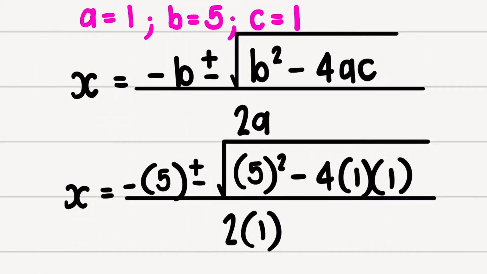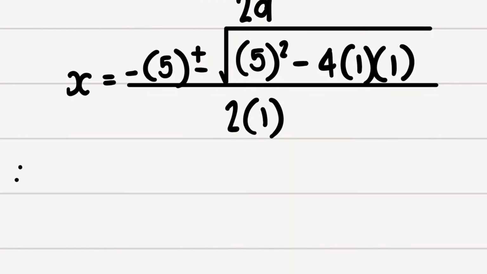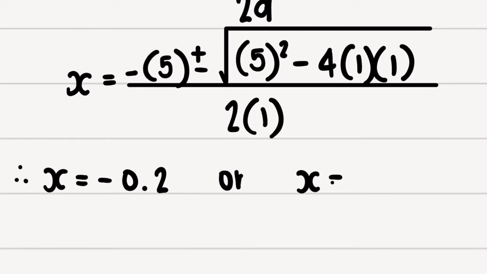So when we type that into our calculator, we get x is equal to, rounding to 1 decimal point, negative 0.2, or x is equal to negative 4.8.